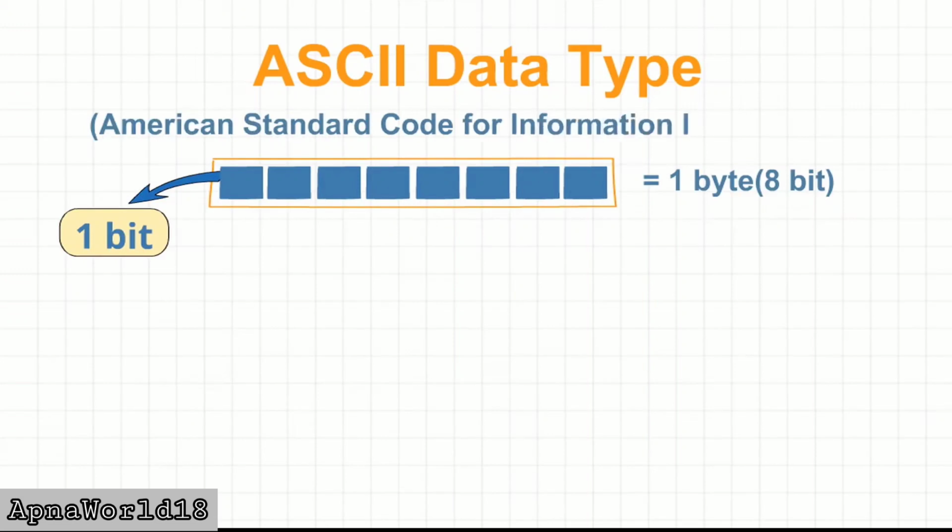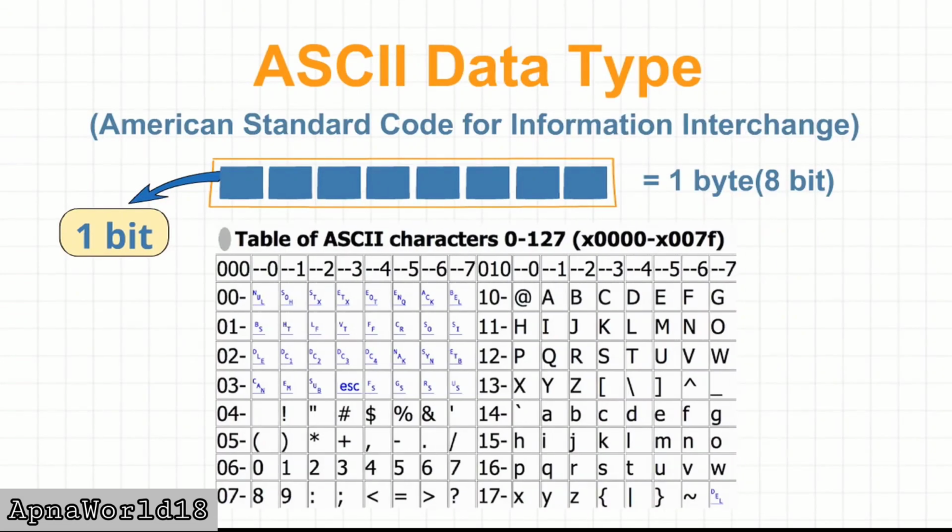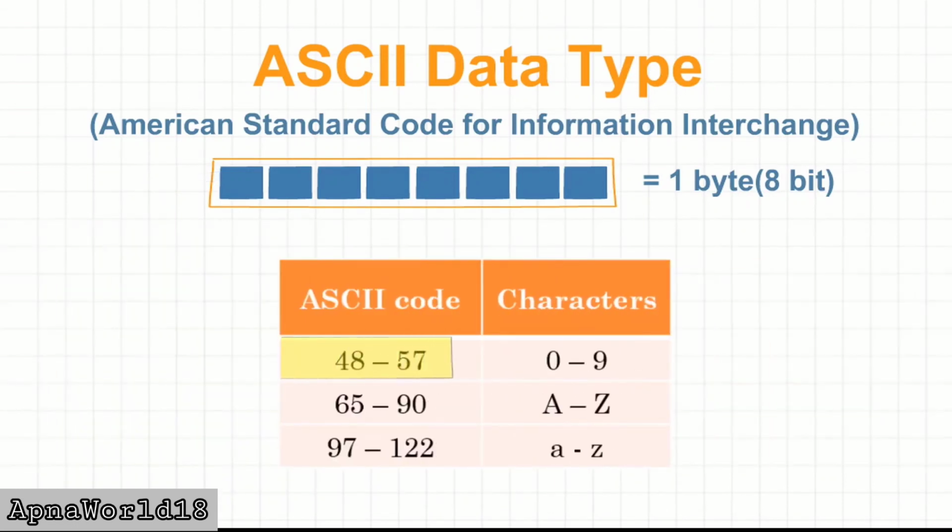Then the ASCII, or American Standard Code for Information Interchange, character encoding scheme was used to represent English characters as numbers, with each letter assigned a number from 0 to 127. For example, 48 to 57 represent numbers 0 to 9, 65 to 90 represent uppercase A to Z, 97 to 122 represent lowercase a to z.